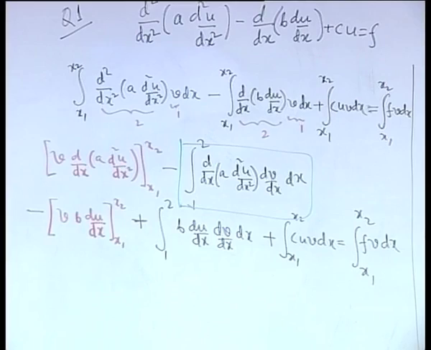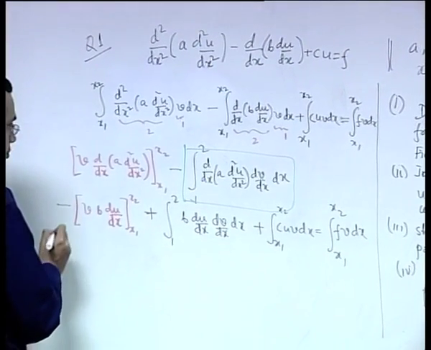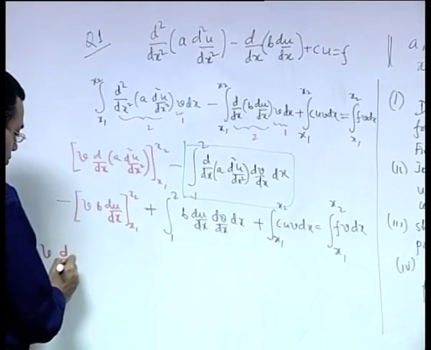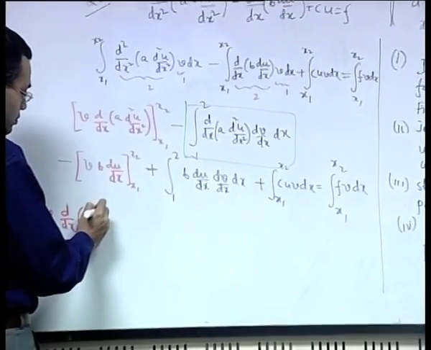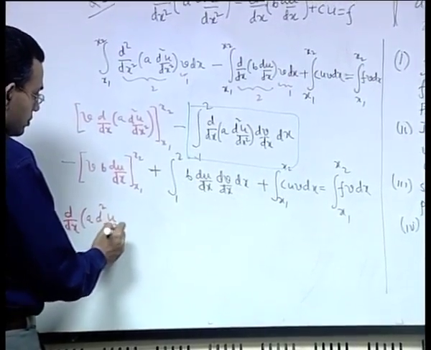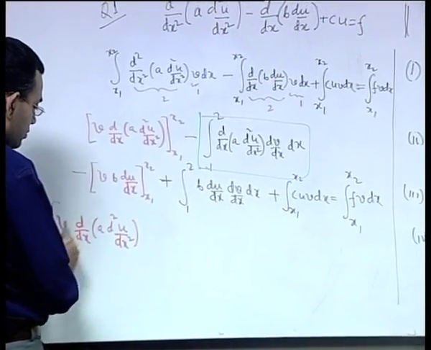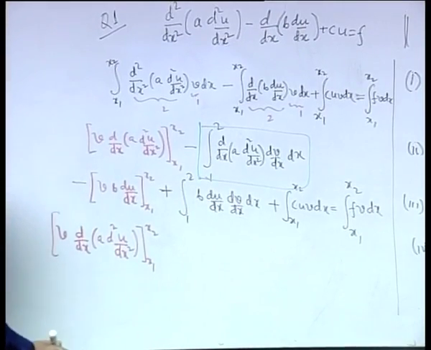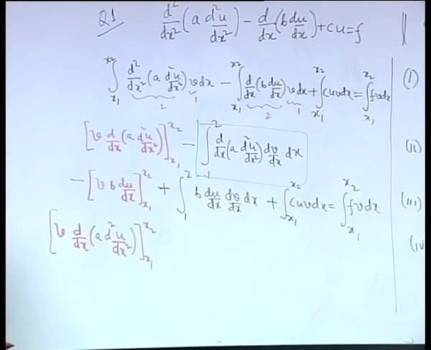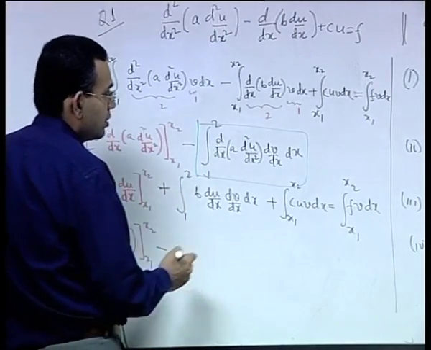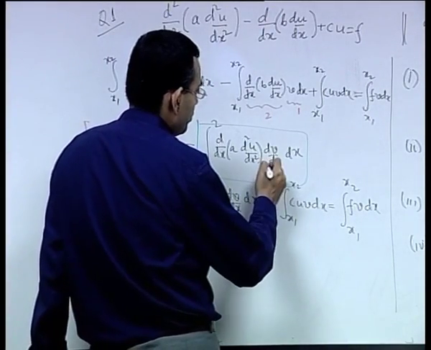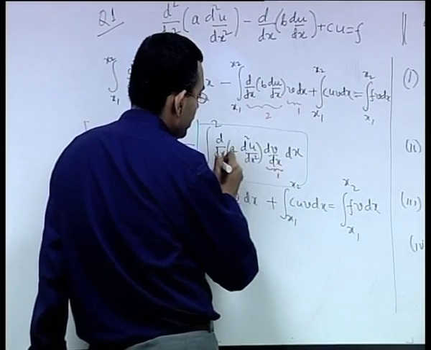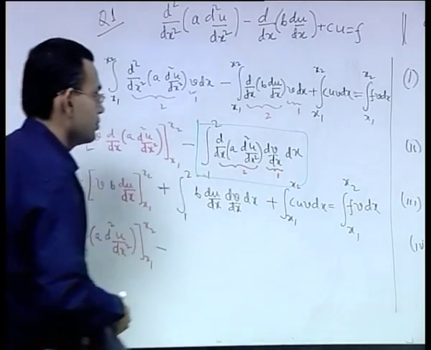So, let us first write the boundary terms, v ... this one, minus, now this will be the first function and this will be the second function.